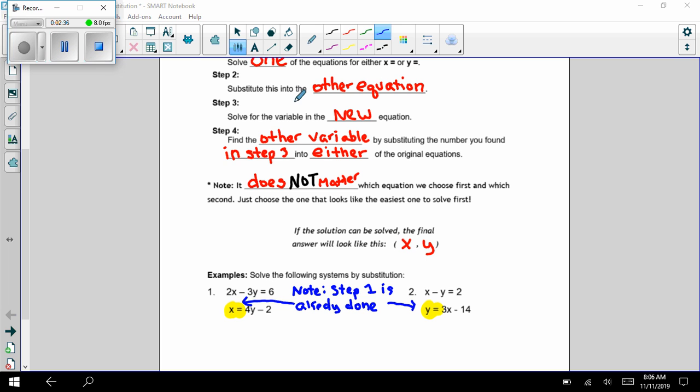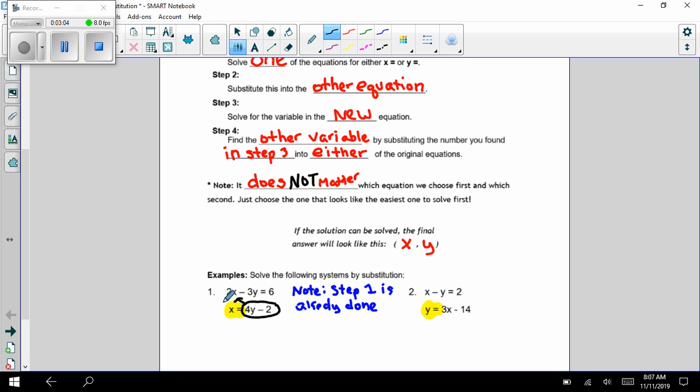What I like to do, and I am going to erase this just so this doesn't get cluttered here, is actually physically circle what I'm going to be substituting in for x. A substitute takes the place of something else, just like a substitute teacher comes in and fills in. So we're going to actually take what I circled and plug it in the other equation for the x.